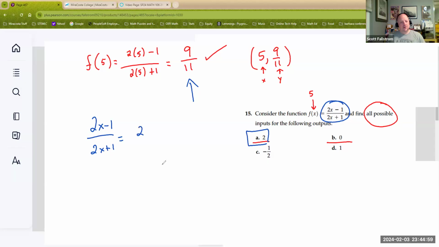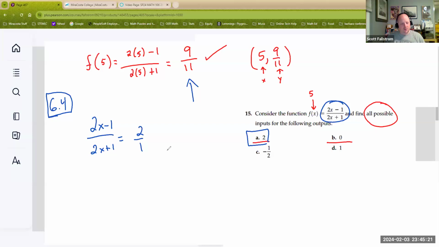Okay. If you prefer, yes, you could write this as a 2 over 1. And if you do write it as a 2 over 1, you could then use your properties of ratios and proportions back from chapter 6. If you weren't in the class before, this is section 6.4, ratios and proportions. You could also not worry about that and just say, let me just get rid of my fractions.